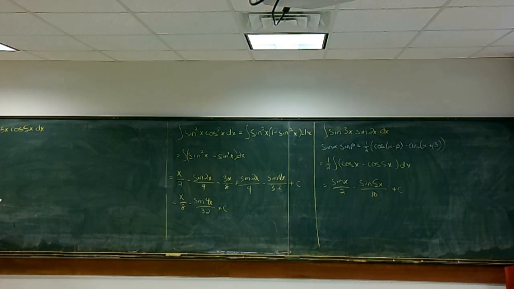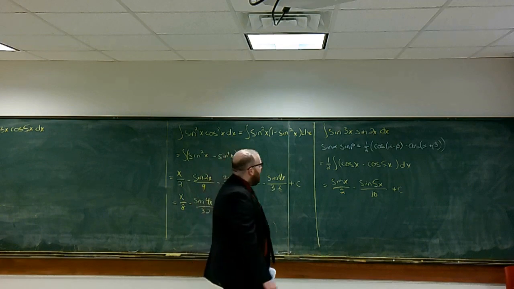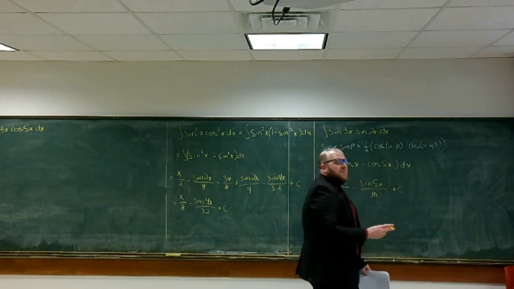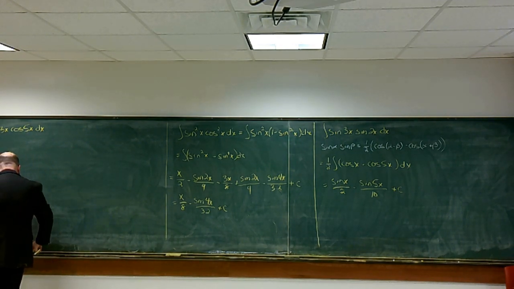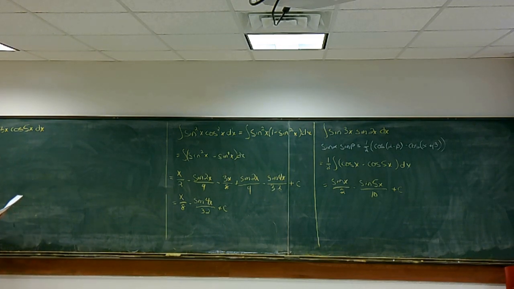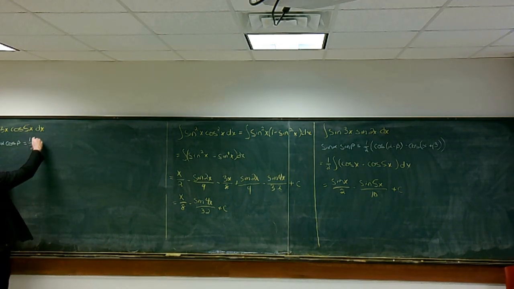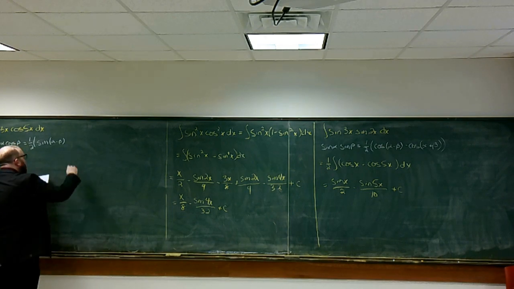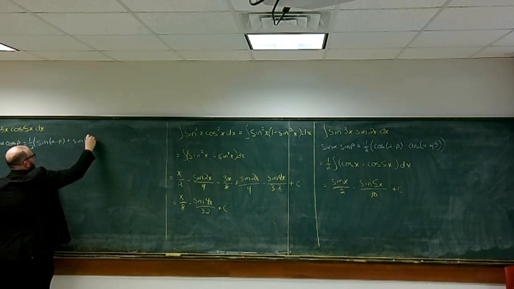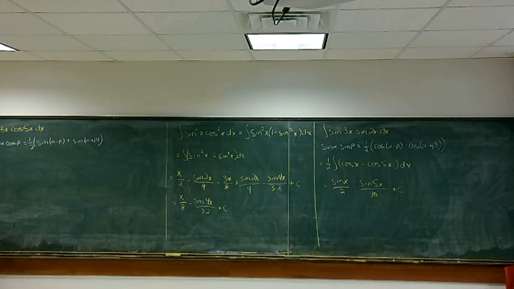Sine of 3x times cosine of 5x. So guess what we're going to do? Product to sum identity. This one we're going to need the identity sine of alpha times cosine of beta equals 1/2 times sine of alpha minus beta plus sine of alpha plus beta.